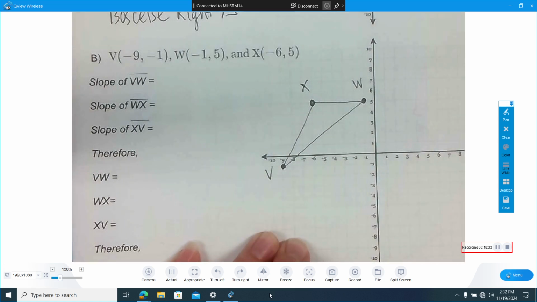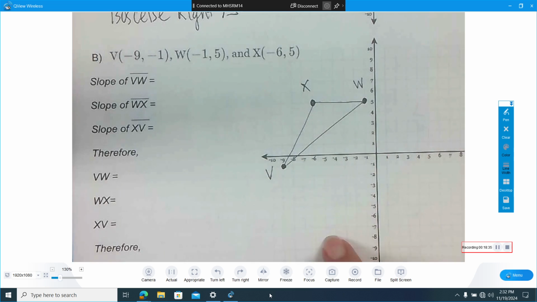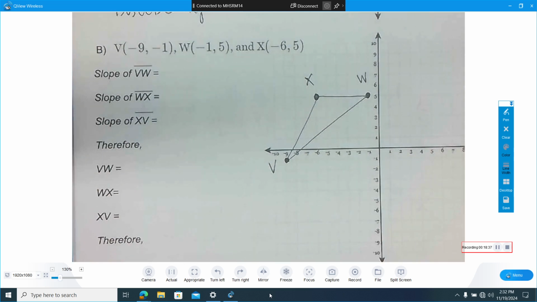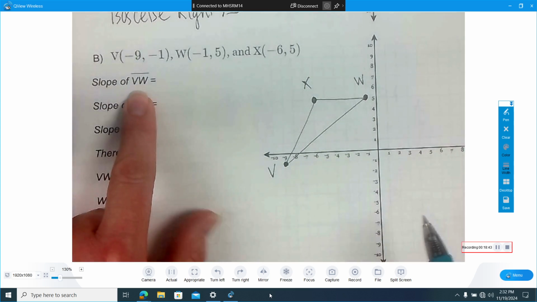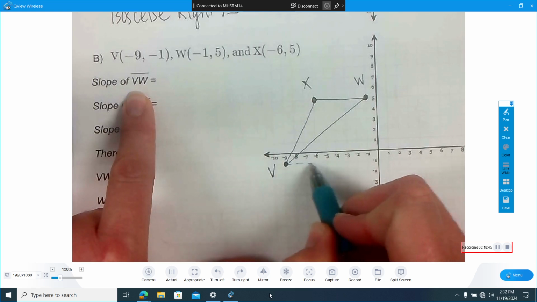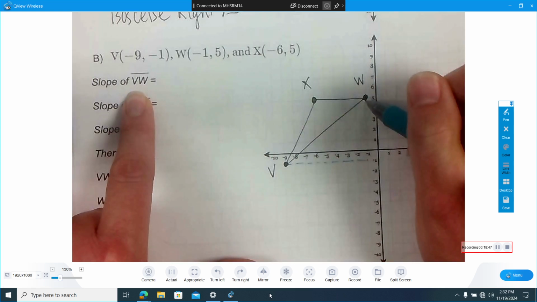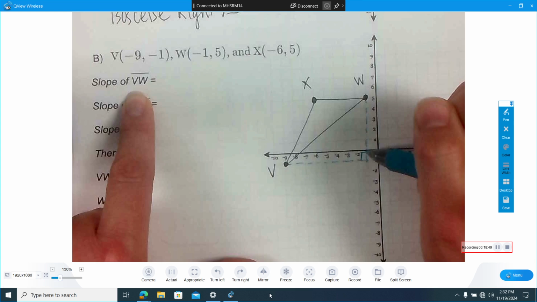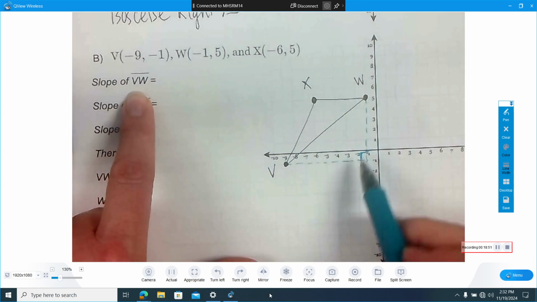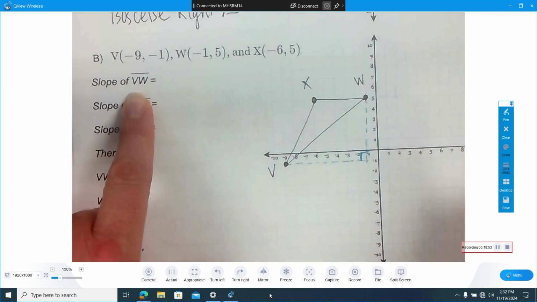And I can connect those with some straight lines and you'll have a little triangle there. Hey, yeah, you sure do. All right. Okay, the slope of VW, again, I'm just going to draw in my little legs here of a right triangle to make life easier for me. Horizontal, vertical component.